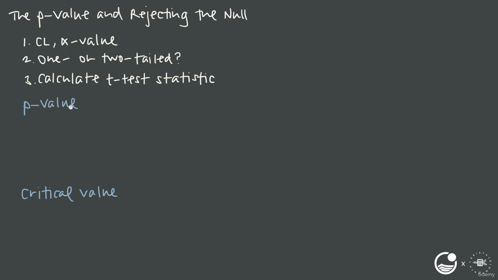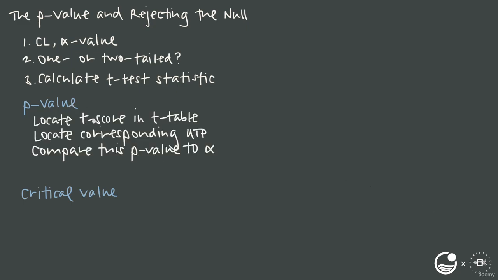So we have two options here. If we use this p-value method, then we're going to follow just 3 steps. So we're going to locate the t-score, our t-test statistic, in the t-table. And we'll do that by navigating to the appropriate row based on degrees of freedom, and then scanning across the row until we locate the t-score.